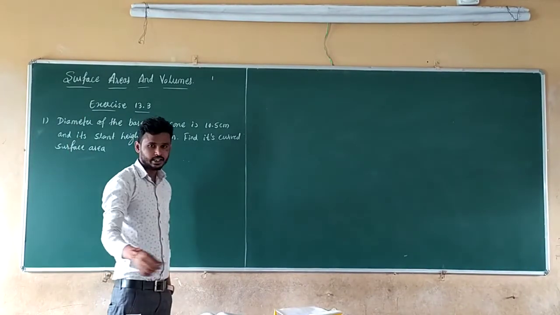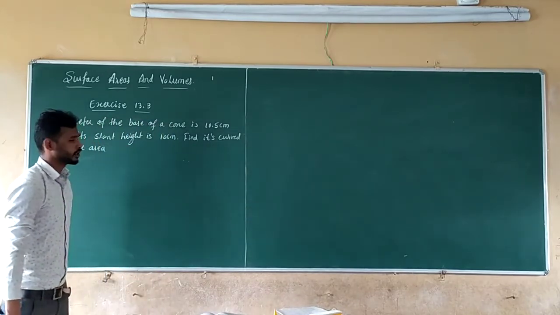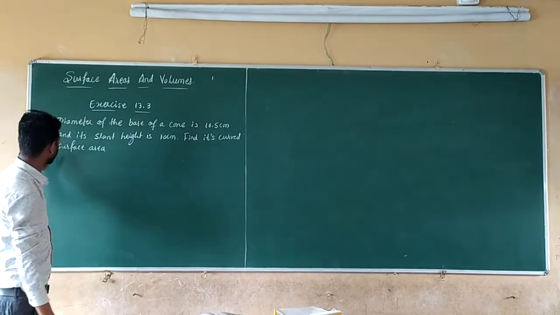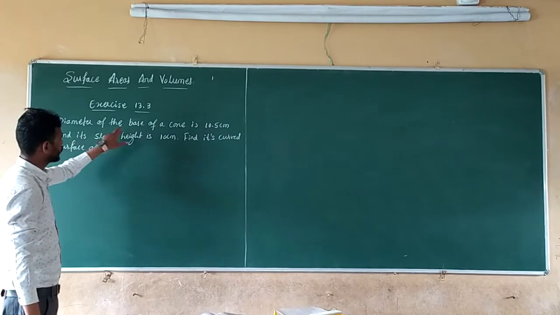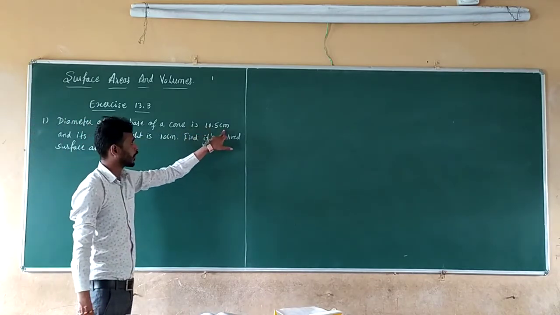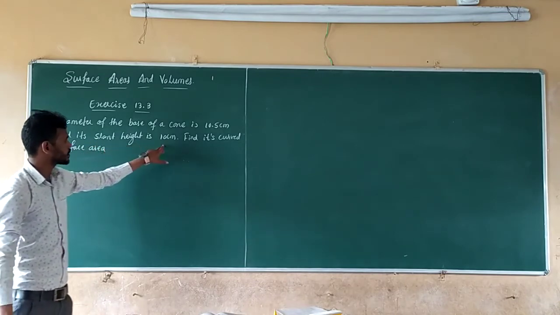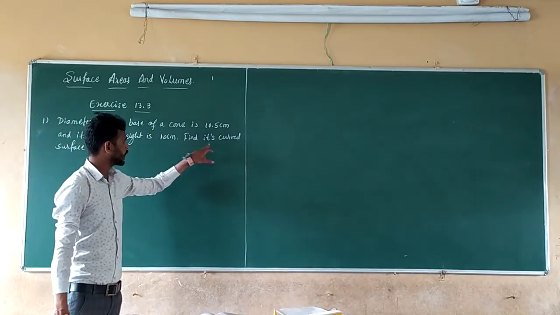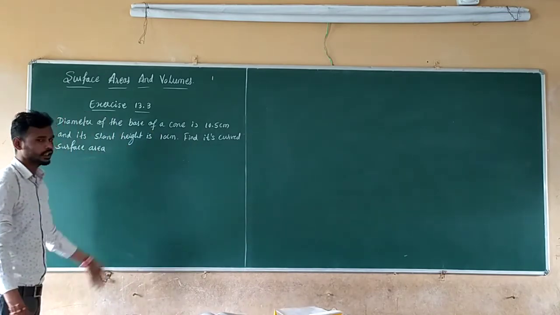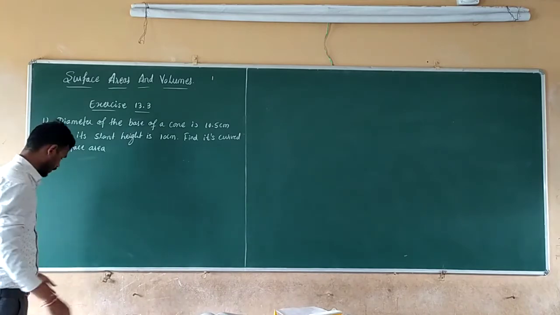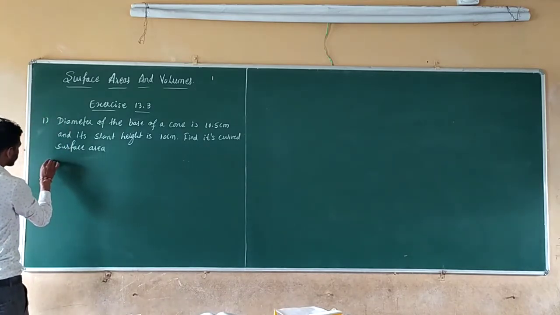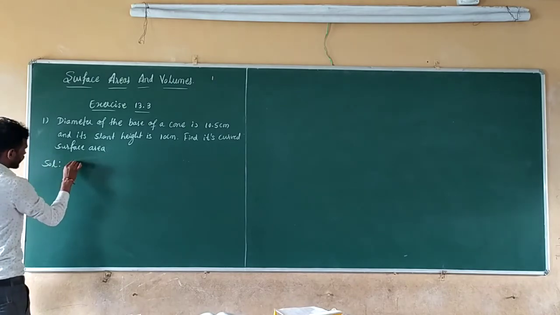Okay, next students, let us see the exercise 13.3. In that first question, diameter of the base of a cone is 10.5 centimeter and its slant height is 10 centimeter. So find its curved surface area. Write the given first.